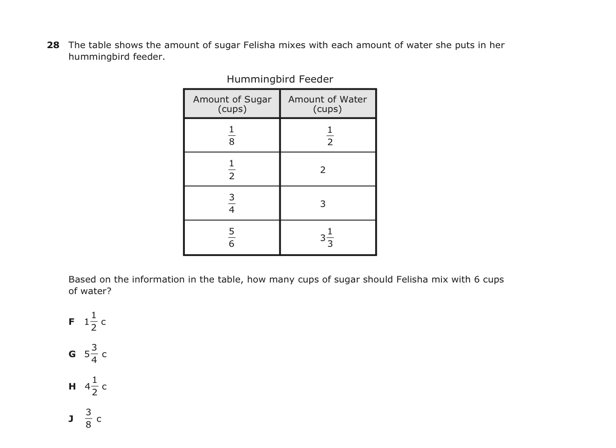And 5/6 is 3 1/3. Based on this information, how many cups of sugar should she mix with 6 cups of water? I'm going to put a 6 here, and over here some number X that corresponds with 6. I noticed that for 3 cups of water, you need 3/4.